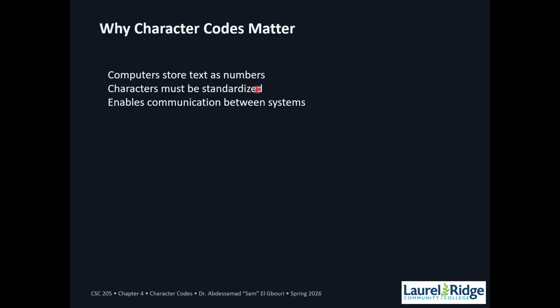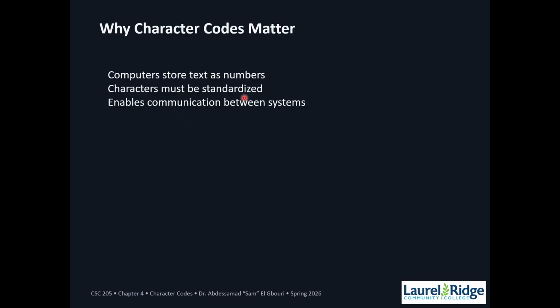Characters must be standardized. You cannot store an A here in the US in a certain format, and then store the same letter somewhere else, let's say in England or France, in a different way. So it has to be unified. This way, however it is written here in binary, it can be retrieved again on the other side of the world in binary, converted to decimal and then to a letter.